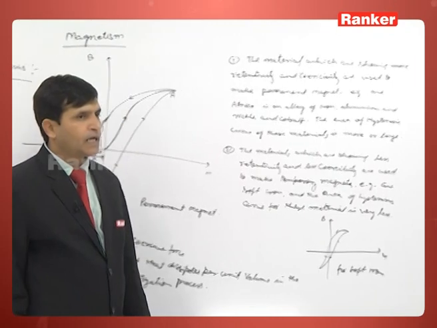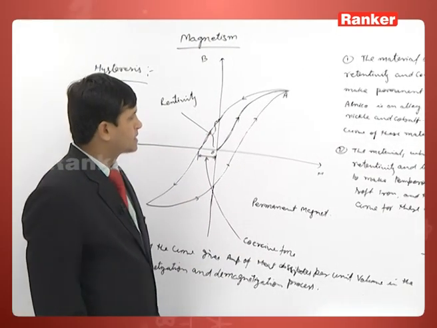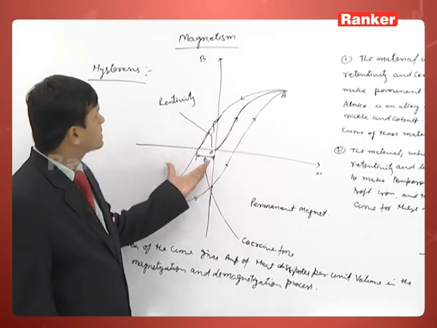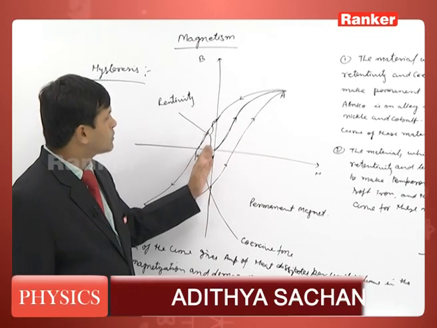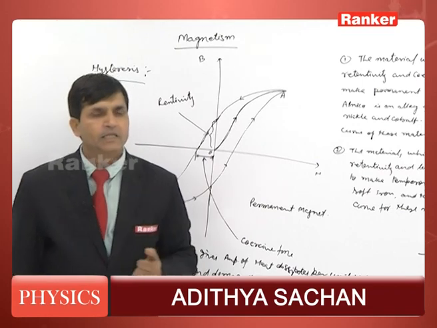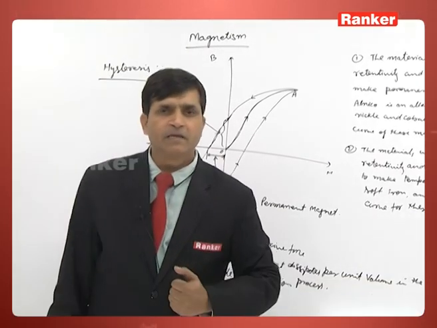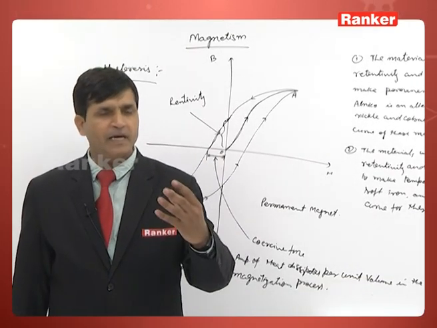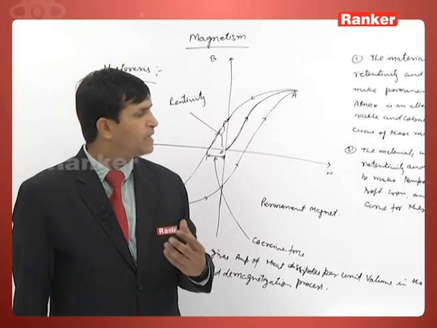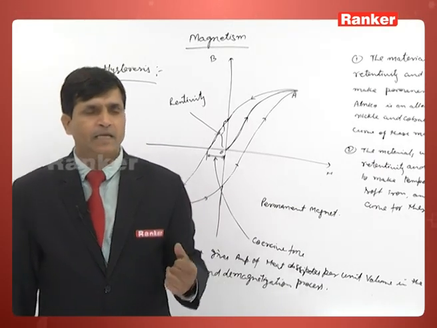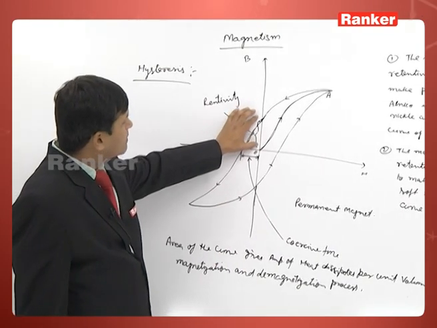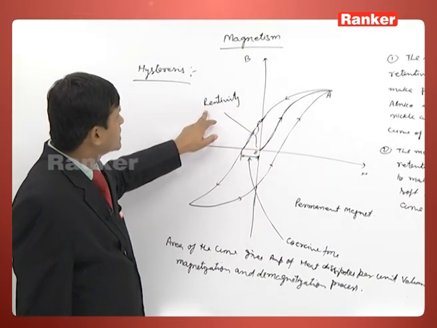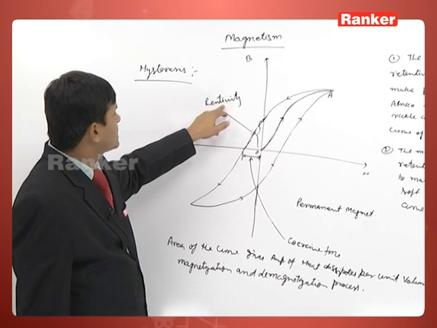So this is the general idea about hysteresis. The hysteresis curve shows that when we apply an external magnetic field, the material gets magnetized. Even if we remove all the external magnetic field, the magnetism still remains within the material, and that magnetic field is called the residual magnetic field, and this phenomenon is called retentivity.